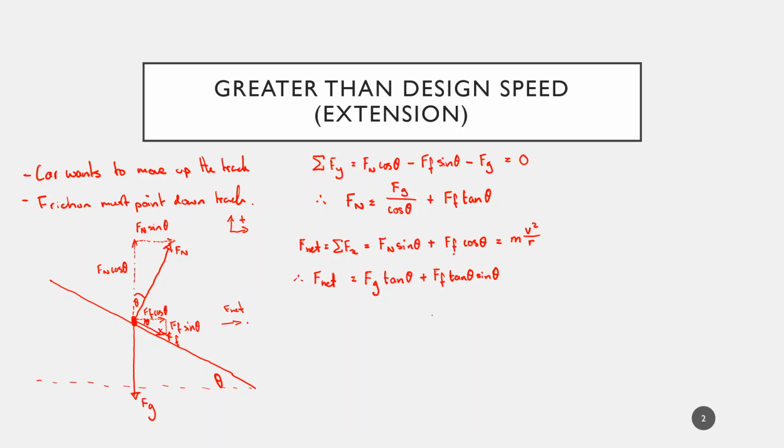I'm done with that now. Now I can just add this friction cos theta to the end of that, and that still is all equal to mv squared on r. Now we're pretty much done at this stage, because I've represented my net force in terms of gravity, which we can work out, and friction, which is generally just given to you. We can clean this up a little bit more.